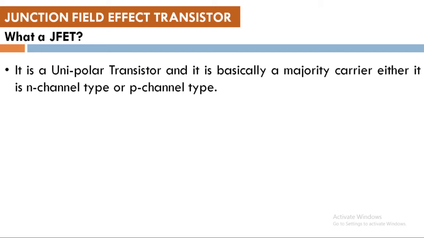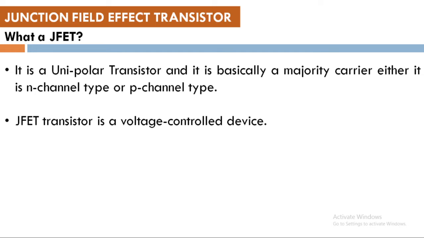That means any one of the majority carriers is involved, either it is N channel or it is P channel. That is, the junction field effect transistor is basically because of a P type semiconductor or an N type semiconductor.